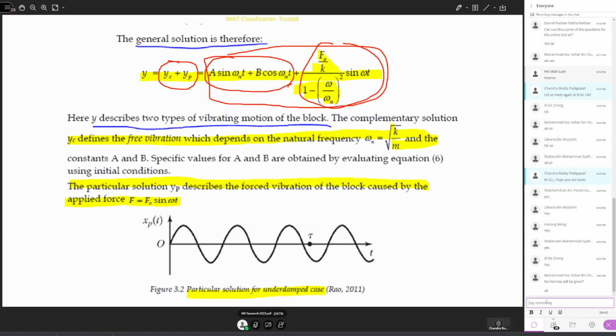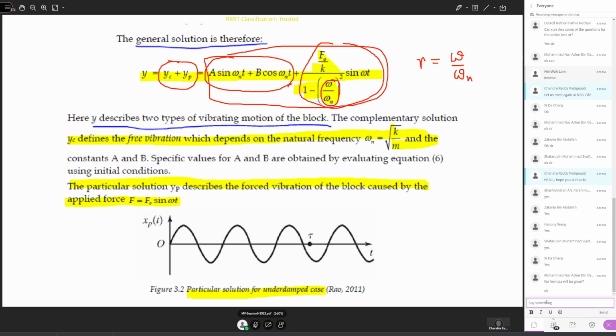Here this part is important, omega over omega n. We call it the ratio of the frequencies, R. This is just a number, with no units. It plays an important role in analyzing systems related with forces.